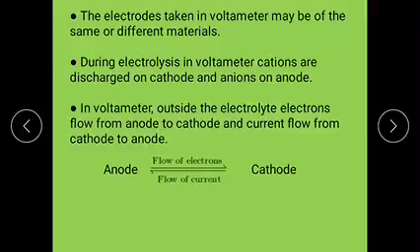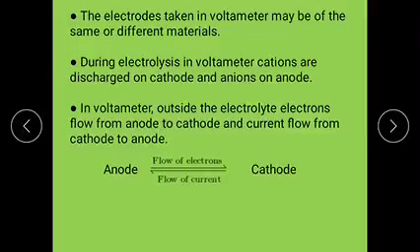During electrolysis, in a voltameter or electrolytic cell, cations are discharged at the cathode and anions are discharged at the anode. Outside the electrolyte, electrons flow from anode to cathode.